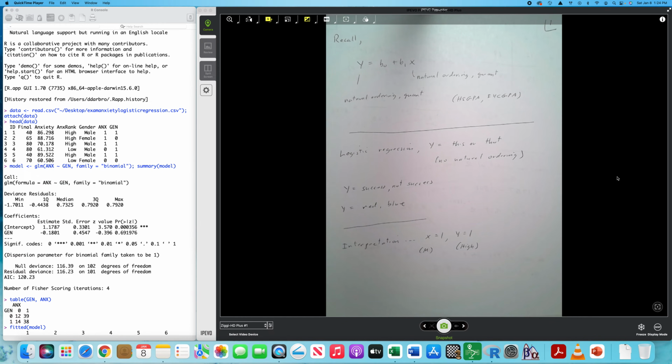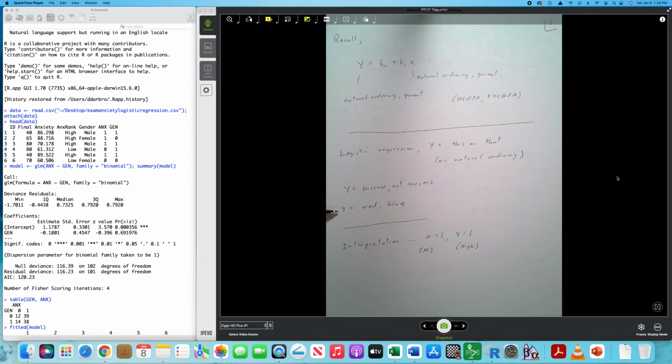So for logistic regression, we have to realize that our Y variable is dichotomous and there's no natural ordering. Now, sometimes there may be an ordering that we think is natural, maybe success versus non-success. You might say the success is better than non-success. Not necessarily. Maybe the purpose of the study is to examine characteristics which lead to not succeeding in a program.